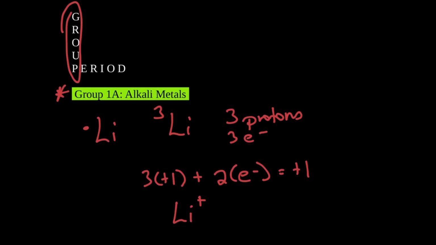All right, so now we're going to move right next door, group 2A, or the alkaline earth metals. These guys have 2 valence electrons, and so they want to give up those 2 valence electrons to go back to noble gas stability. So let's look at calcium. All right, here's your 2 valence electrons, or Lewis dot structure. We'll get that in a different video. It has an atomic number of 20. That means 20 protons.